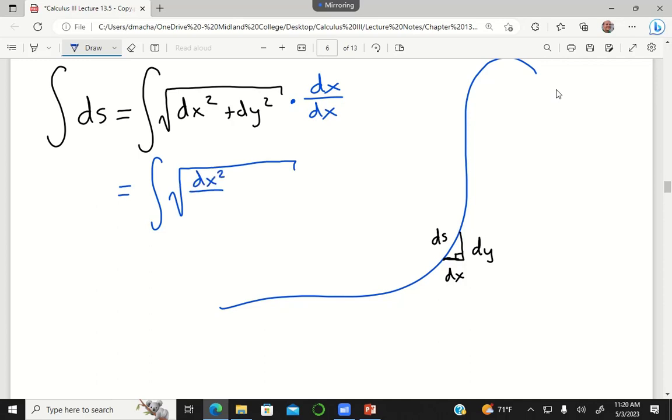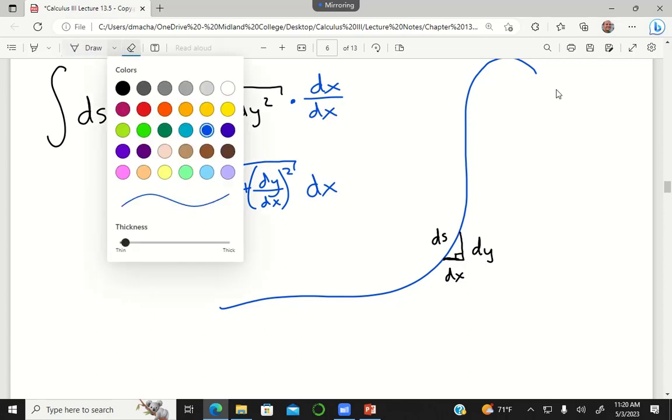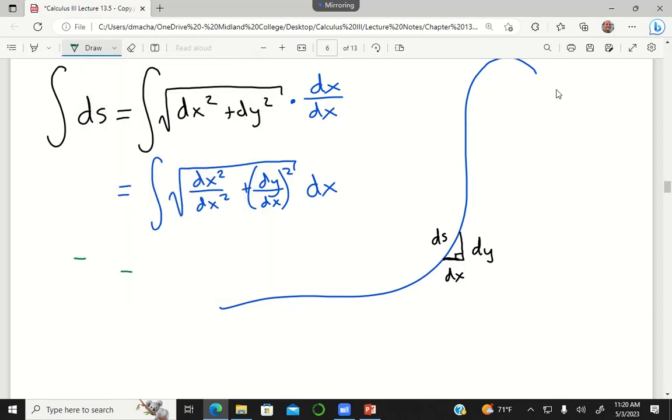And so this is dx squared over dx squared plus (dy over dx) all squared. And I get the dx at the end. And then I can cancel these out because they're numerator and denominator. And then our formula for the arc length of a curve that we talked about in Calculus 2 was the integral of the square root of 1 plus (dy/dx) squared dx, right?